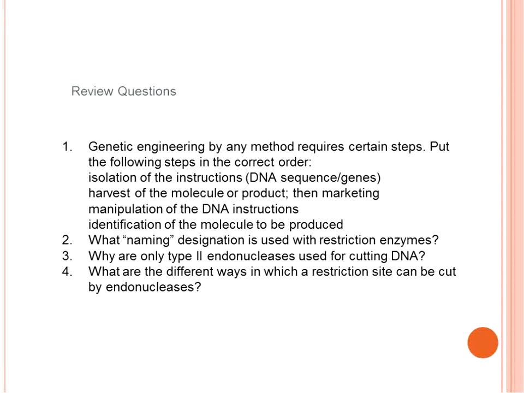So let's do a few review questions. Genetic engineering requires certain steps. Put the following steps in the correct order. We discussed this in the beginning of the lecture. Which one is number one?